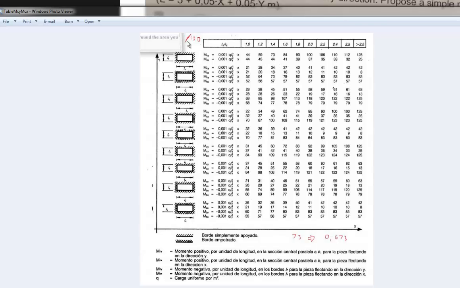These values are also written down divided by 100 because this is another unit. So 73 becomes 0.073 because we want to work in meters.